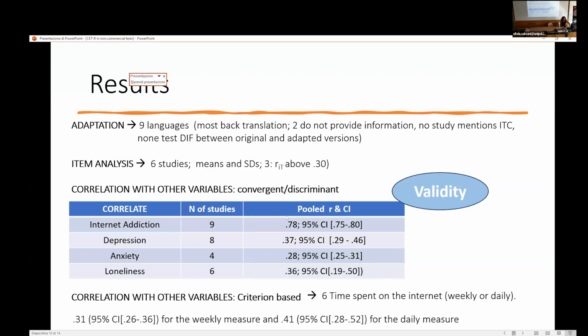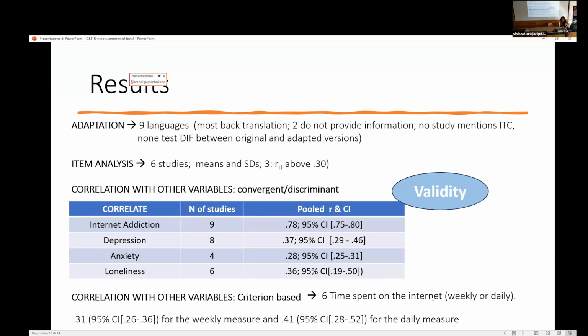And as you can see, yes, there's a high average correlation. It also correlated with relevant covariates such as depression, anxiety, and loneliness. The pattern was the expected one in terms of convergent and discriminant validity. The correlation with the internet addiction scale was higher than with the other variables.